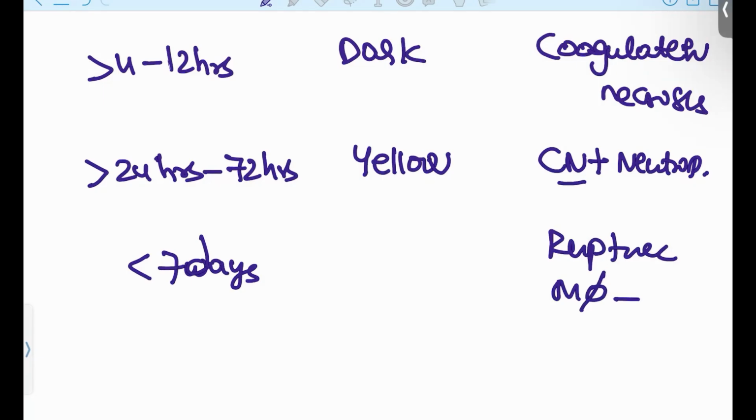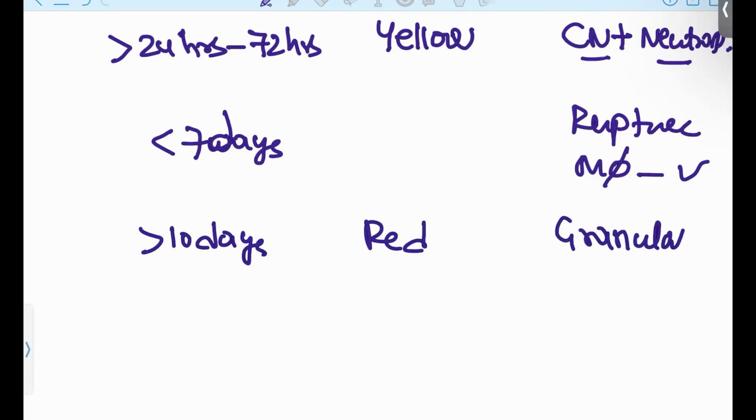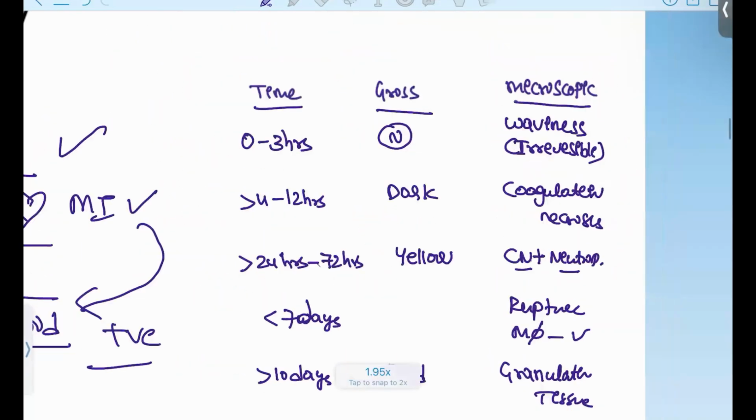So neutrophils, coagulative necrosis, and macrophages, rupture is likely on the 7th day. And after 7 to 10 days, it will turn red and go on to form granulation tissue. Okay, these microscopic changes are very important.